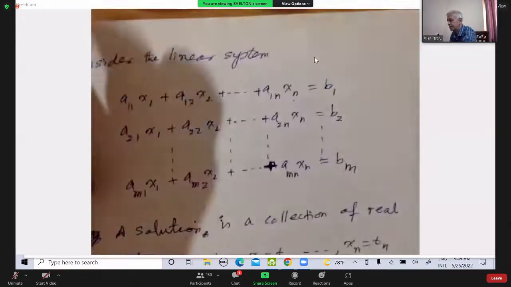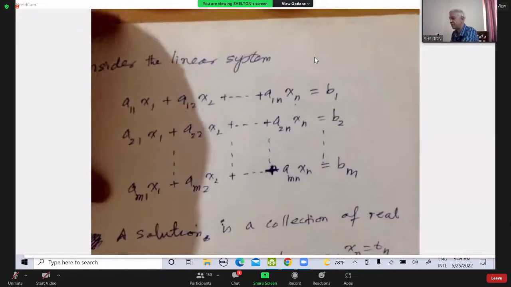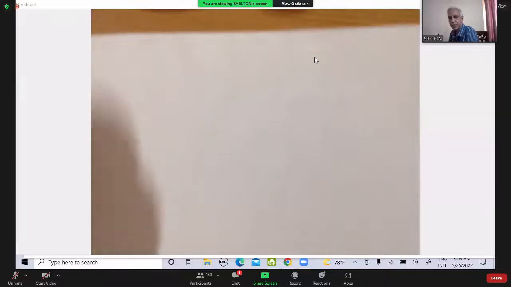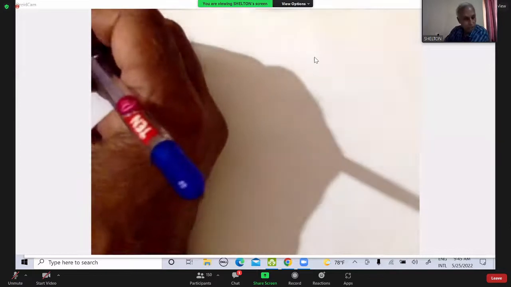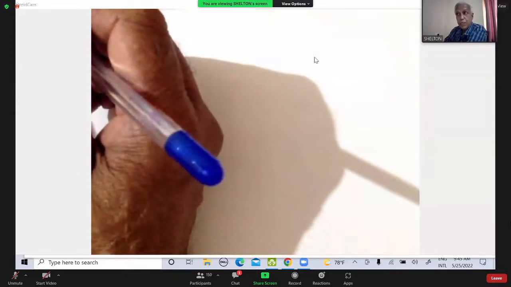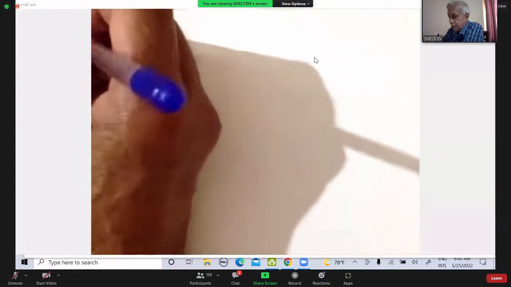Now let me, for 15 minutes, consider the full picture for two equations in two unknowns.